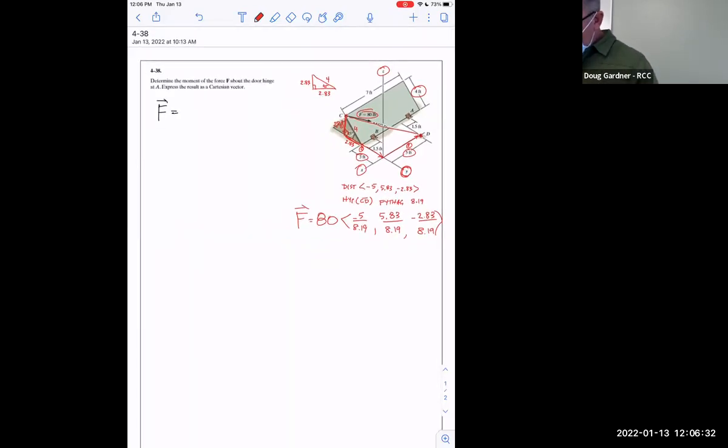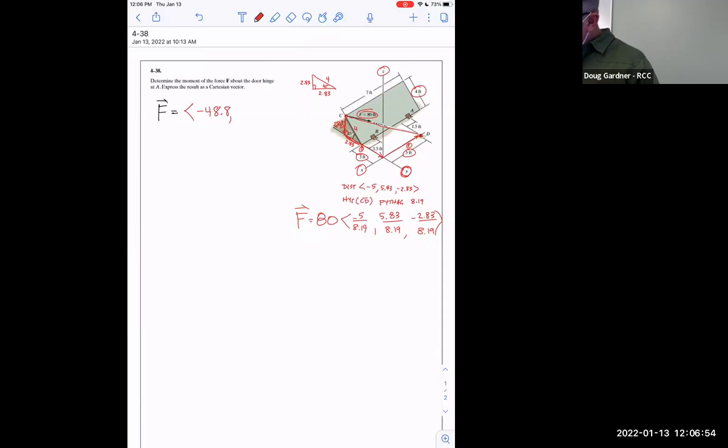So if I take 80 times -5 divided by 8.19, I get about 48.8, and it comes out negative. Again, I'm rounding the way I want to. I don't know if this is right, probably rounding too much, who cares?